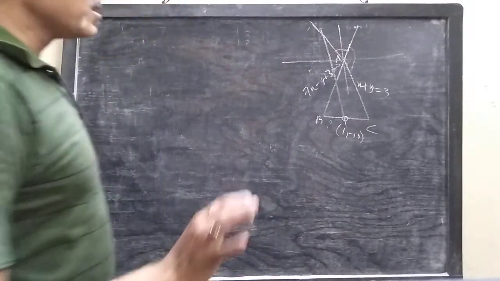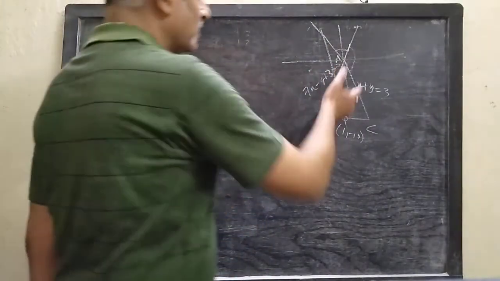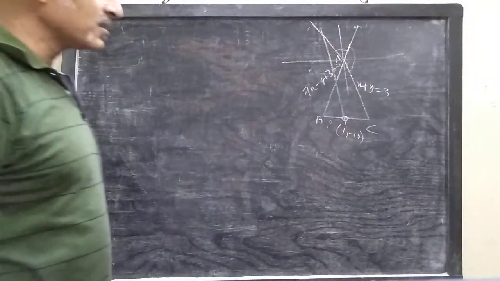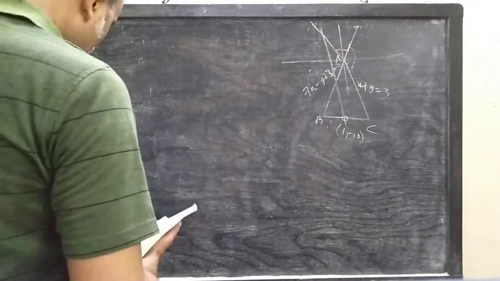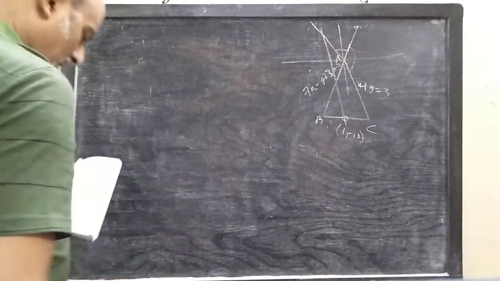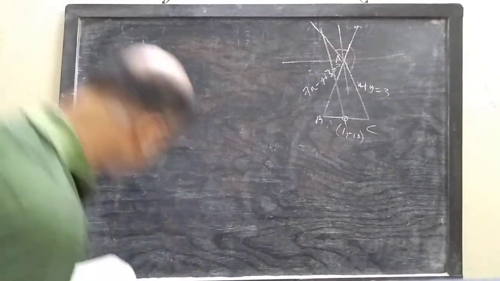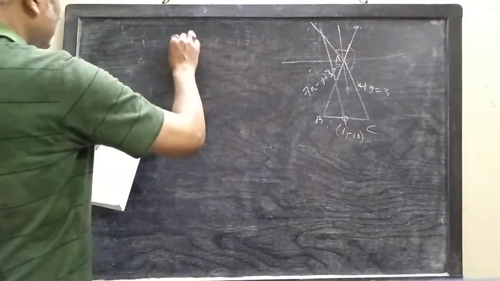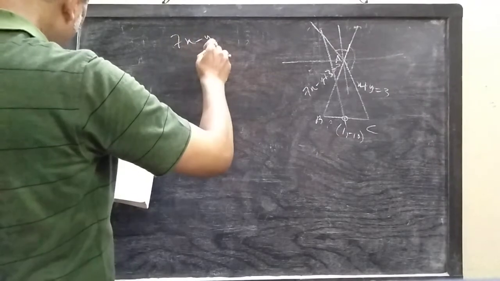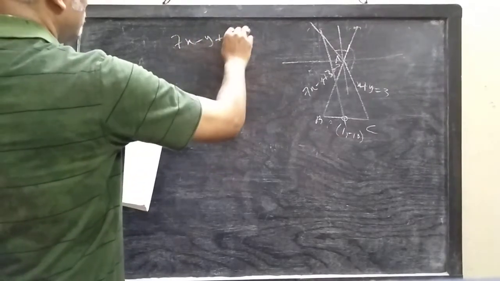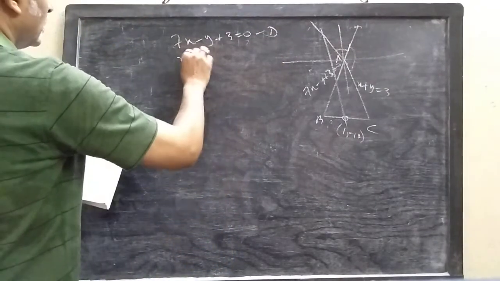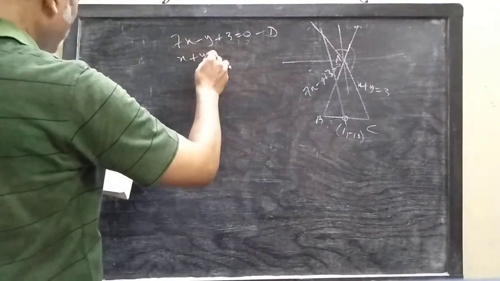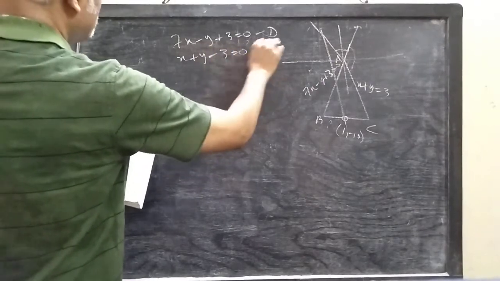Okay. So first our duty is to find the two angle bisectors of the angles between the given two sides. So write the equations of the given two sides: 7x minus y plus 3 equals 0, this is number 1. The other one is x plus y minus 3 equals 0, this is number 2.